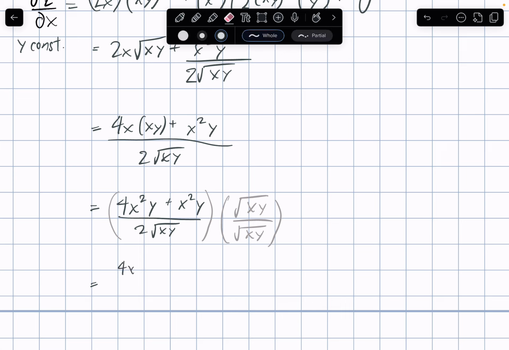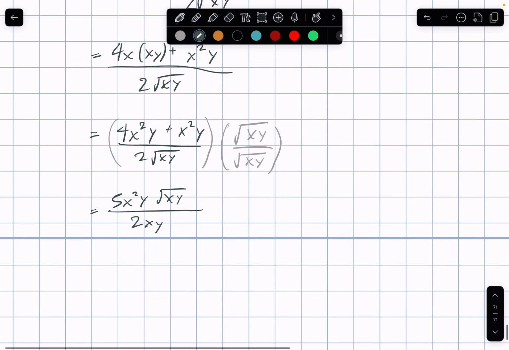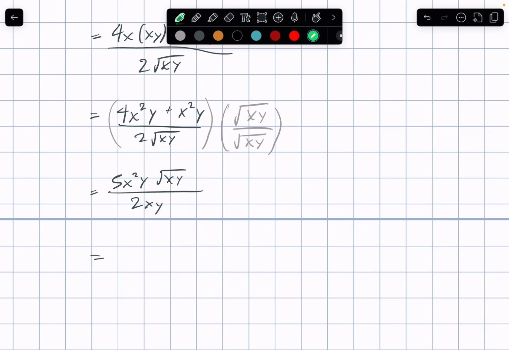Oh wait, we can add these together. So we have 5x squared y times square root of xy over xy. We can cancel something. Cancel, cancel, cancel, cancel. 5x square root of xy over 2.